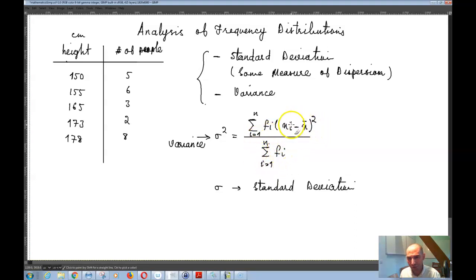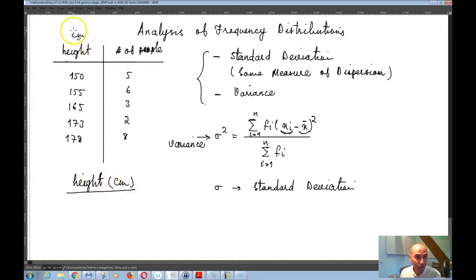So the unit over here is really determined by your observations, or by the mean of your observations, both of which, in this case, would be the height, for example, in centimeters.